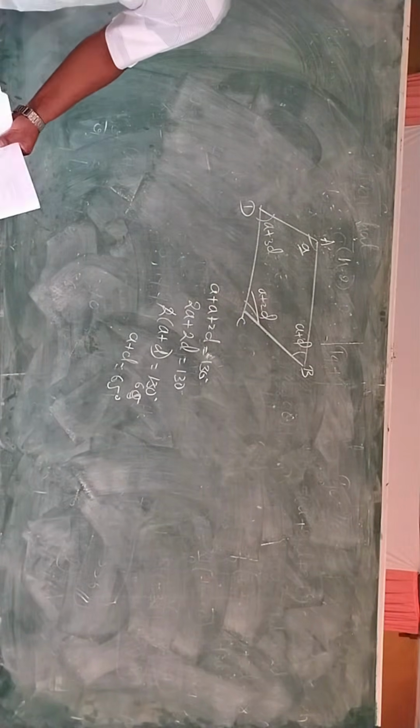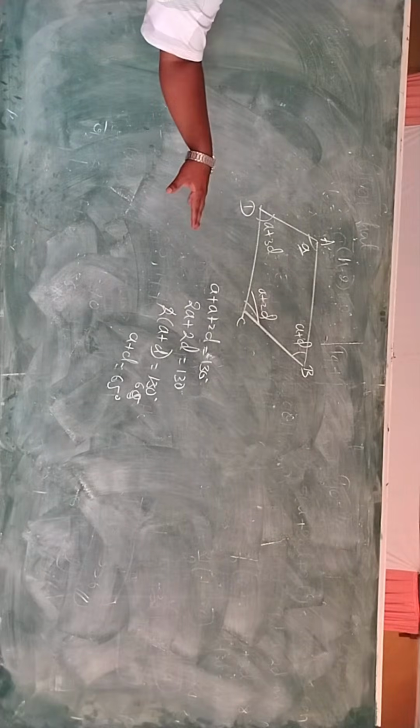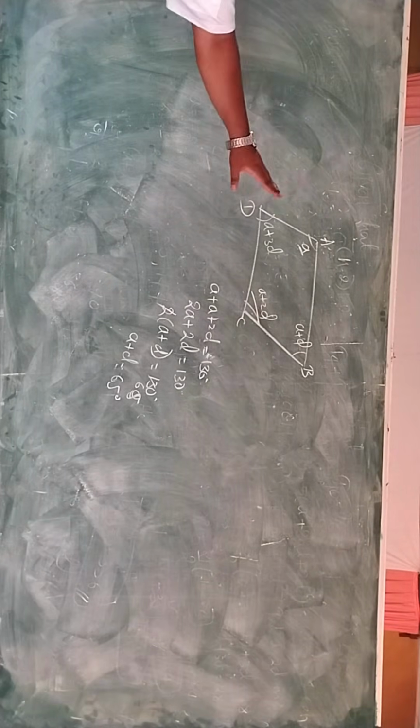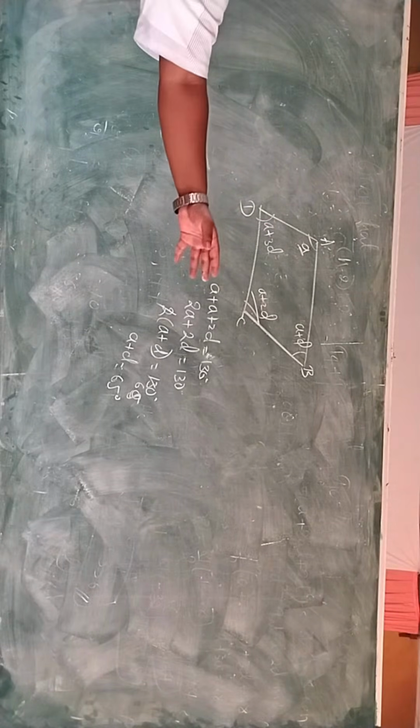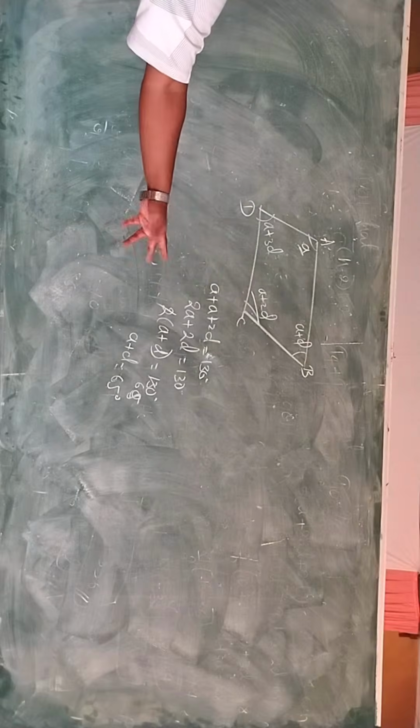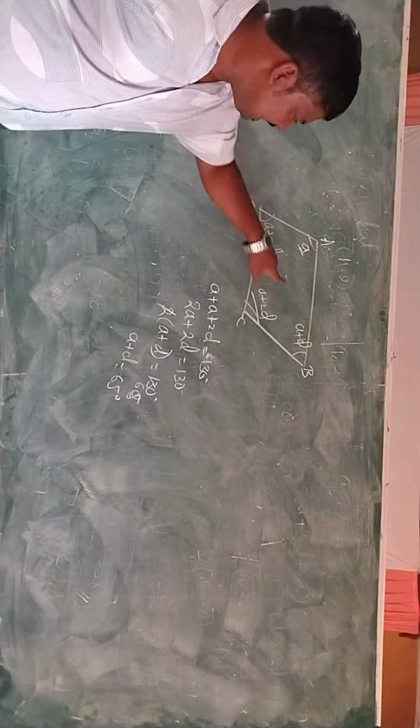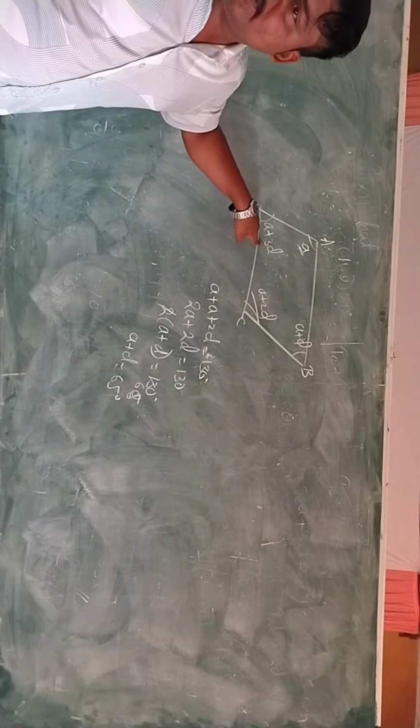Then again, the sum of all the angles measures 360 degrees. a plus a plus d plus a plus 2d plus a plus 3d is equal to 360. The other pair, a plus d and a plus 3d, how much?